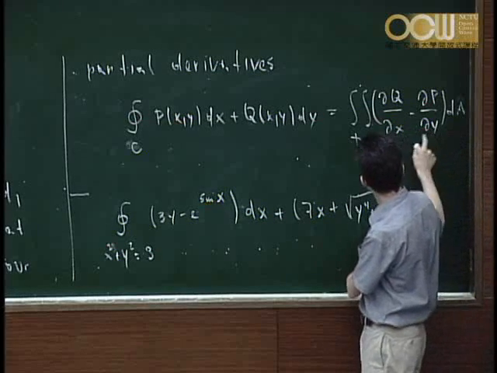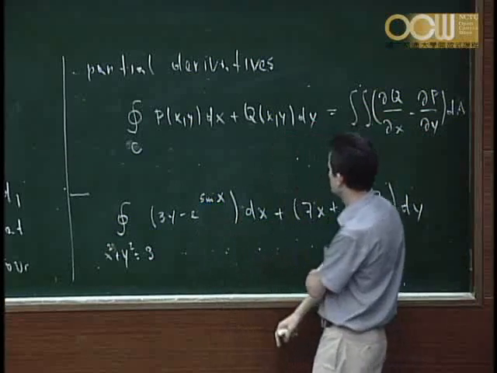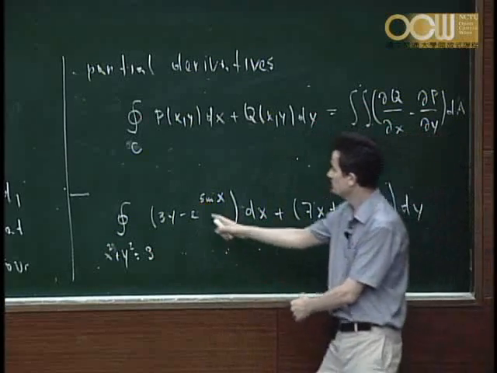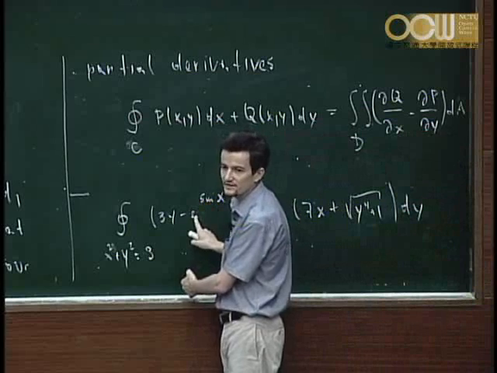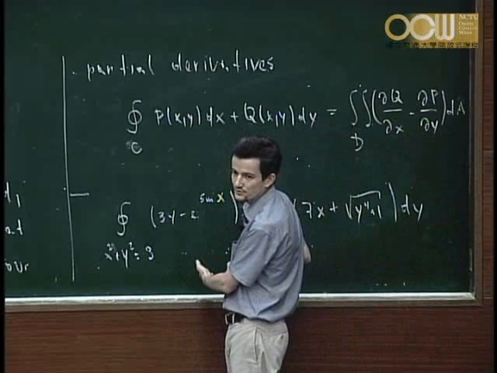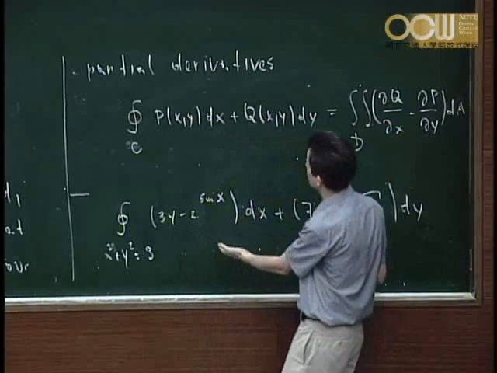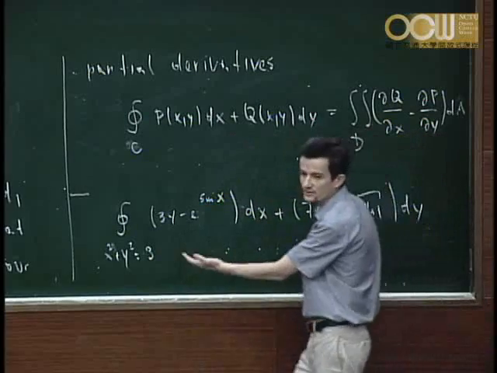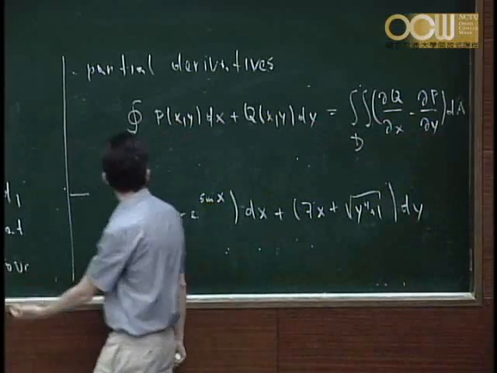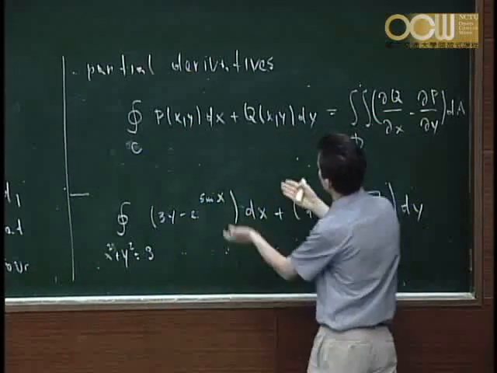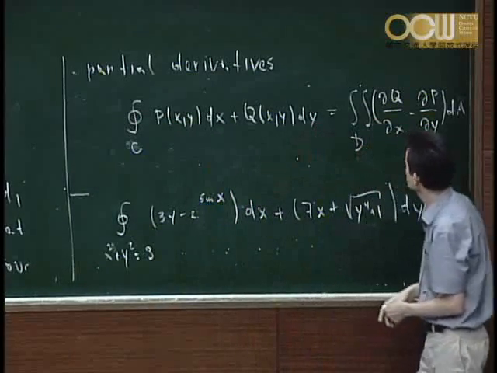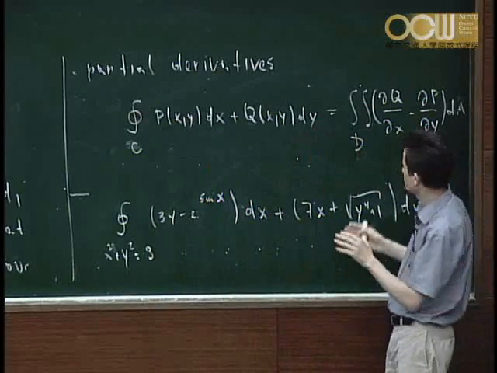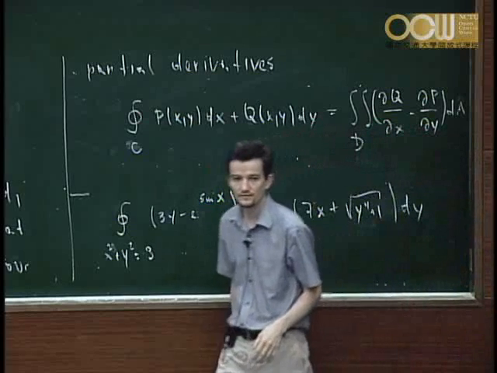And when you compute the partial derivative of P with respect to Y, this complicated function will disappear, and then everything is very easy to compute. So one advantage of Green's theorem is that it helps with some complicated line integrals. Sometimes, but not always, the double integral is easier.